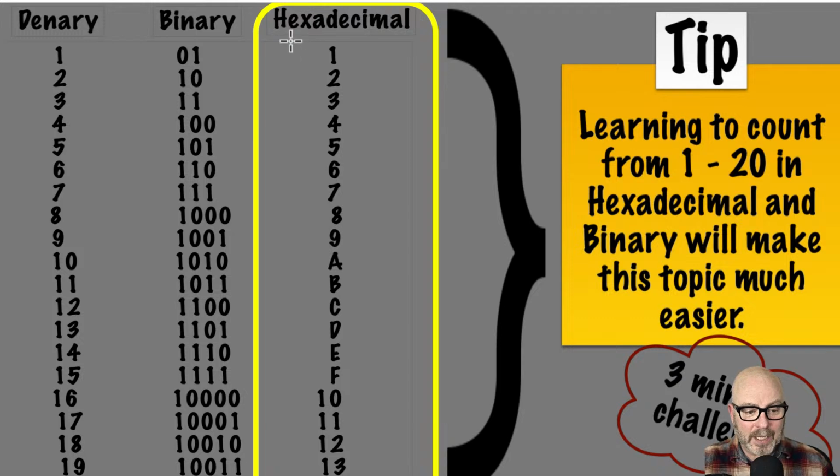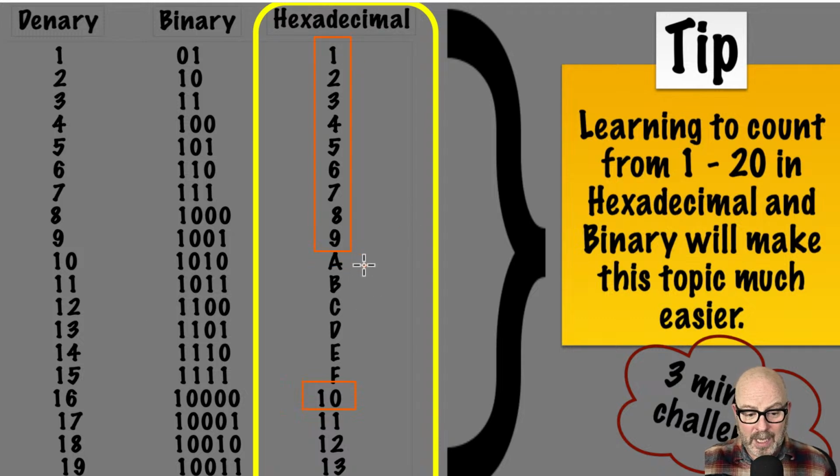Okay, over to the right-hand side here, and that is the hexadecimal 1 to 9 and then A, B, C, D, E, F. And the point I was making earlier is this here, right? 10, that means that it's 1 sixteen, because look, it's gone 1, 2, 3, 4, 5, 6, 7, 8, 9 down to here.